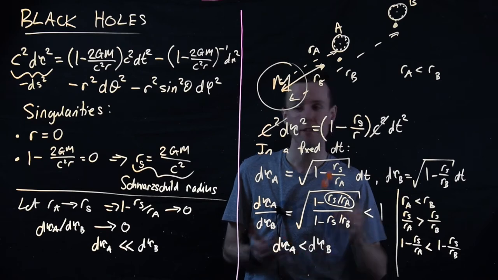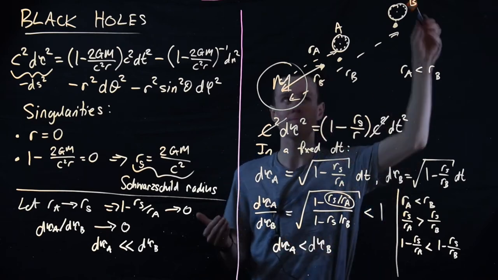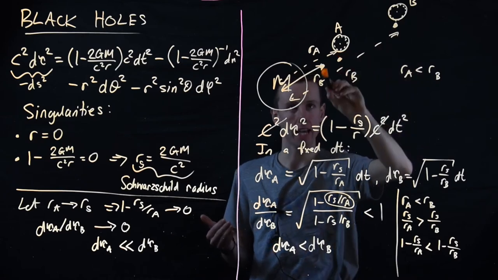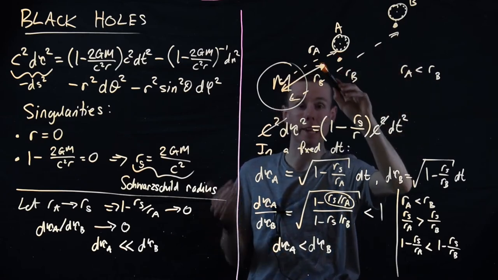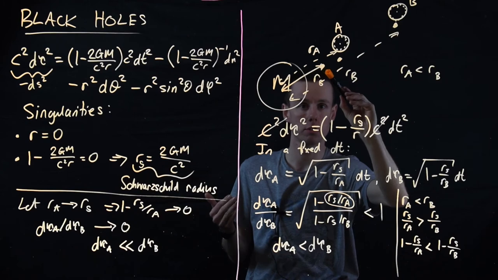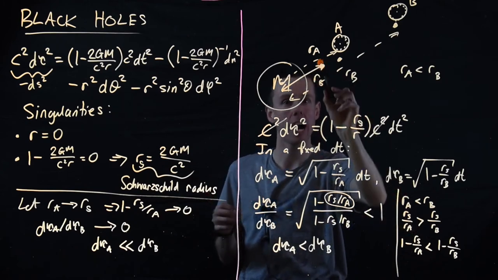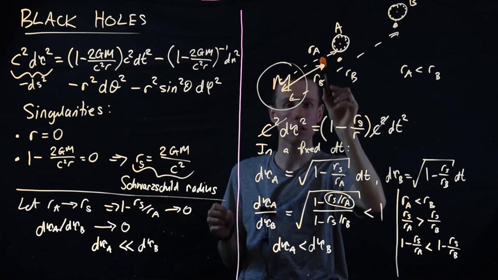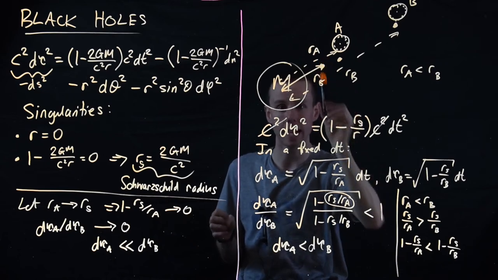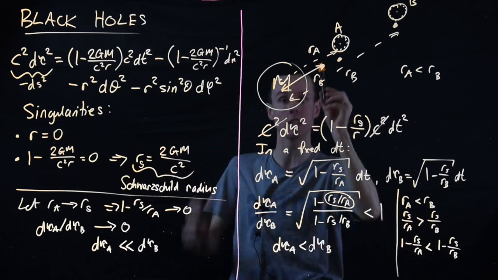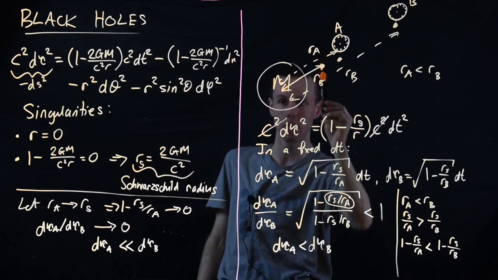It means if I am an observer standing out here at point B, then clock A, if it's at the Schwarzschild radius, will appear to be frozen. So time dilation, in the absolute extreme case, means time totally stops at the Schwarzschild radius.